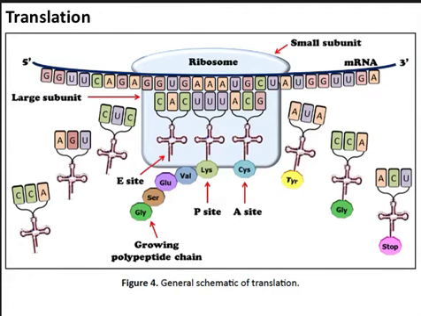A general depiction of translation shows that the first step, which is activation and initiation, occurs when the messenger RNA is threaded between the large and small subunits of the ribosome.